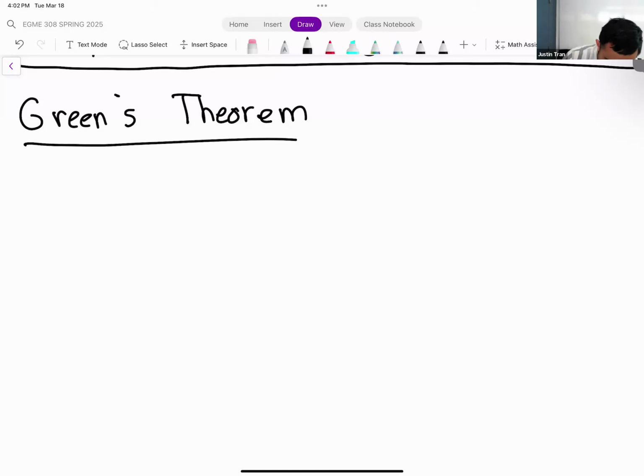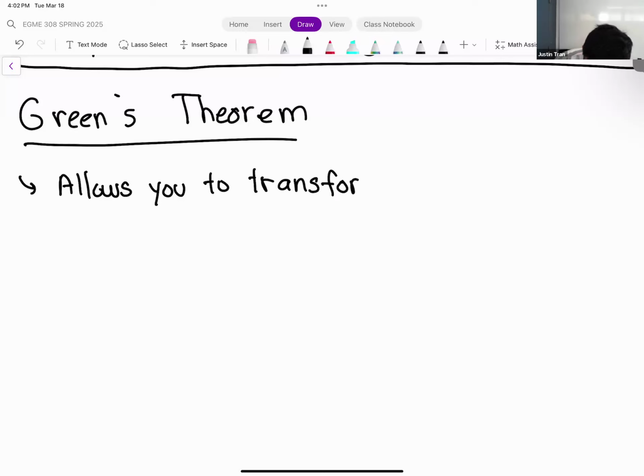Okay. So what's the setup for this theorem? At its core, Green's theorem is what I call kind of a transformation theorem. And so it basically allows you to transform one type of integral into another type of integral. In particular, for Green's theorem, we're going to be looking at line integrals and then transforming that into a double integral.